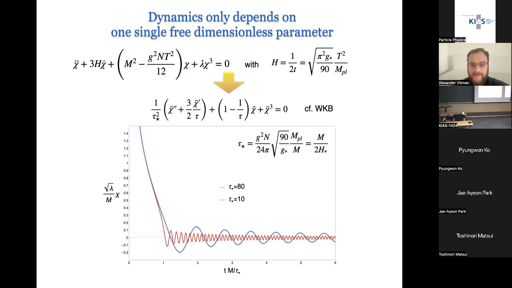In reality, these two trajectories detach from each other at times slightly less than 1, so slightly before. After that, the amplitude just decays, and numerically it's very easy to see, maybe I should next time do the envelope, that it goes properly as a to the minus 3/2. And of course, we're interested in the case when this tau star is much larger than 10 or 80 or whatever. So this is the picture of this dynamics.